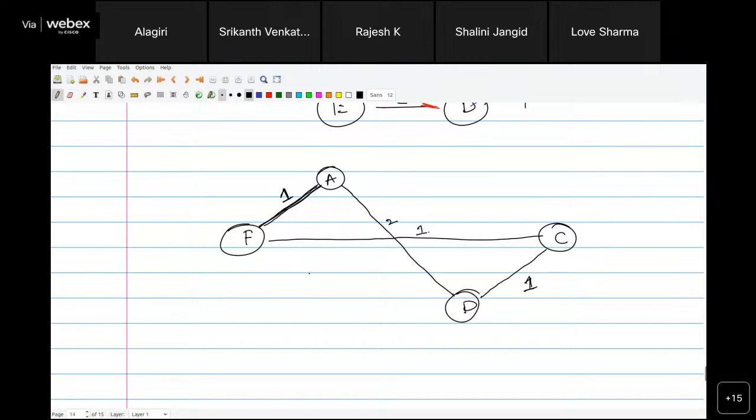So if you observe, now I have got a cycle. So A, D, C, F, A. So I started from A and I have reached back to A by traveling through some vertices and edges. So that means this is not a tree anymore. If it is not a tree, it will not be a spanning tree.